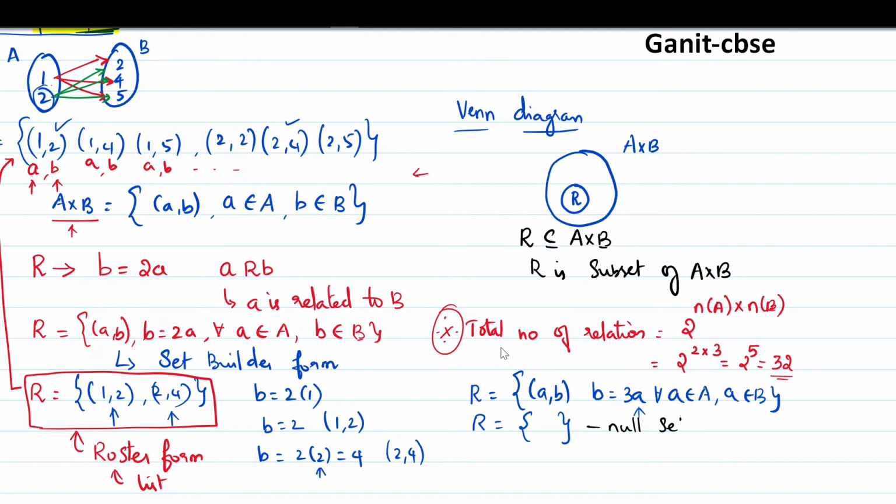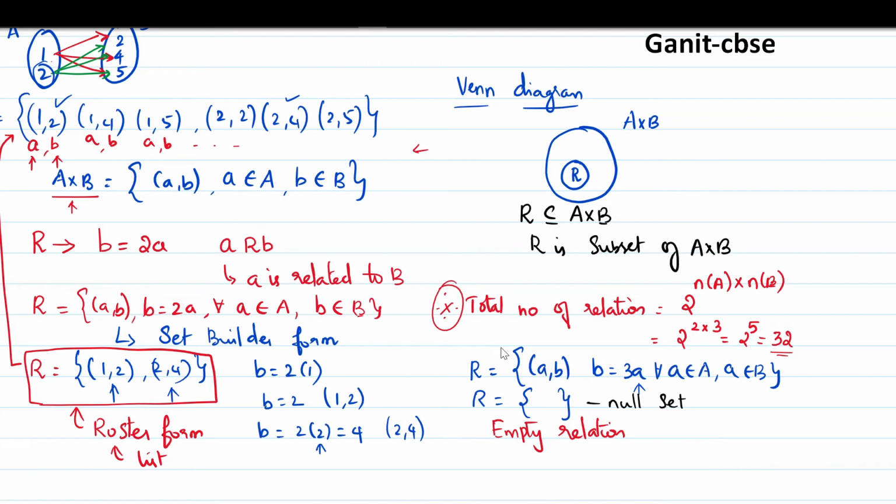If you have a null set for a particular relation, we call that an empty relation. The definition is given in the book, so you can refer to it.